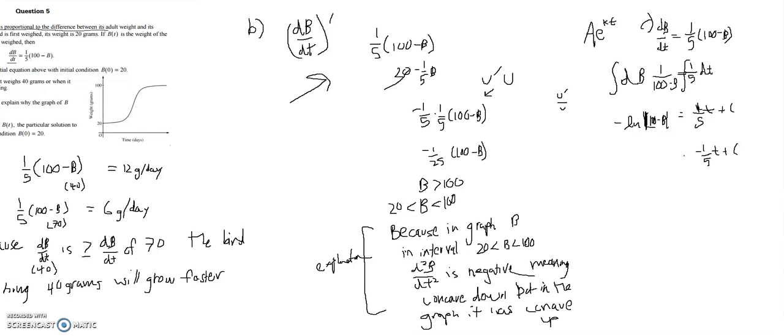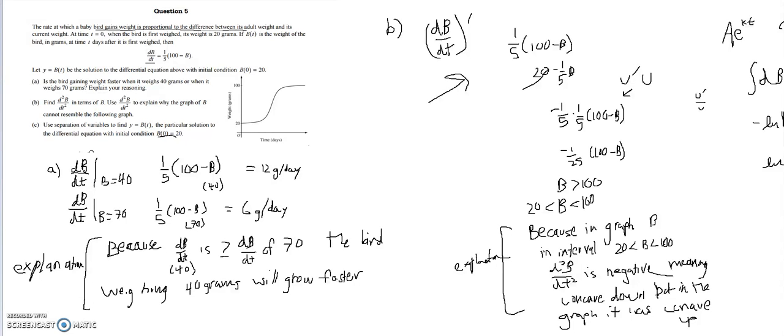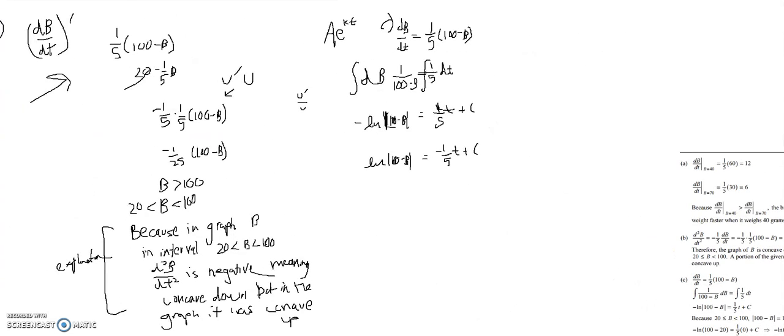And then now it's equal to ln of 100 minus B. However, you can see as the initial condition sets B of 0 equals 20, it's going to be positive, so it wouldn't matter. So 100 minus B, because you're taking, to cancel each side, it'd be e to the e. 100 minus B is equal to e to the negative 1/5 t plus C. So this C part, you can simplify it because the C goes to the e.